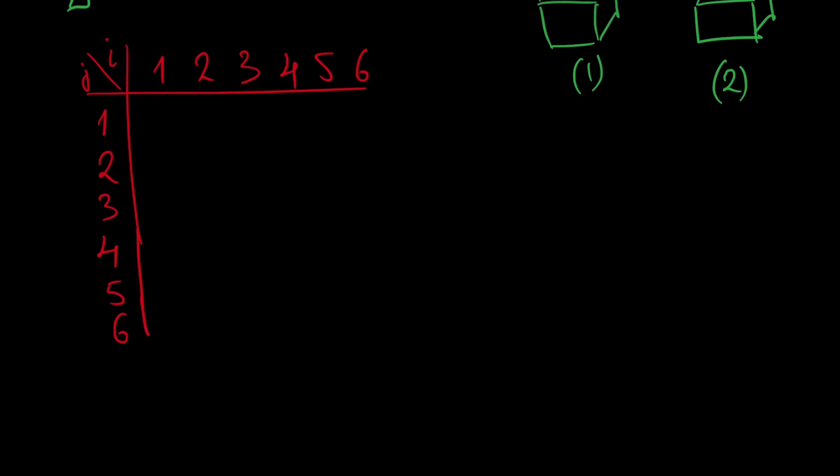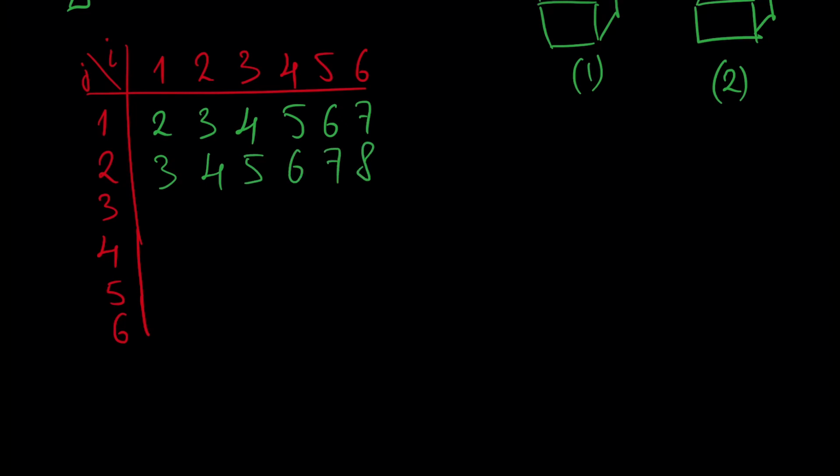We have here 1 plus 1 is 2, 2 plus 1 is 3, 4, 5, 6, 7. It's important to note that these 2, 3, 4, 5, 6, 7 are like 1, 2, 3, 4, 5, and 6, but shifted by 1. Next, our numbers 1, 2, 3, 4, 5, and 6 will be shifted by 2, and it will be 1 plus 2 is 3, 2 plus 2 is 4, 3 plus 2 is 5, and so on.